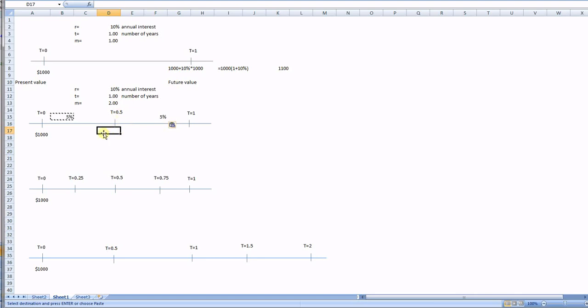Together with the principal, the amount that your friend owes you is simply $1,000, which is the principal, plus $1,000 multiplied by 10% divided by 2, which is 5%. So this is the interest that he owes you as at T equal to 0.5. Let's move on and look at the next period.